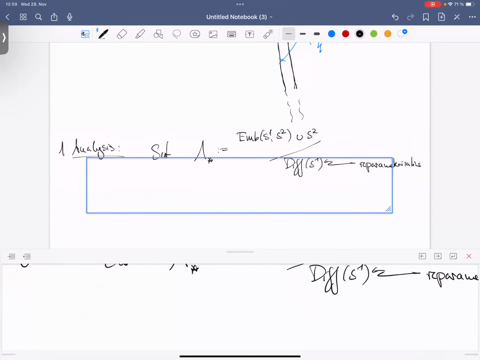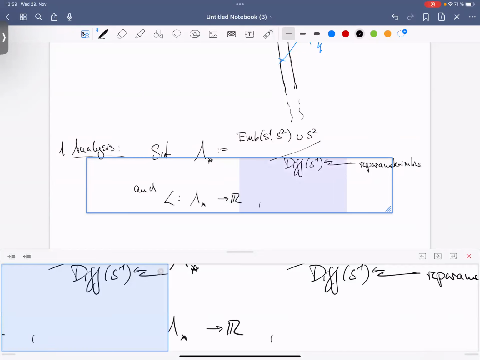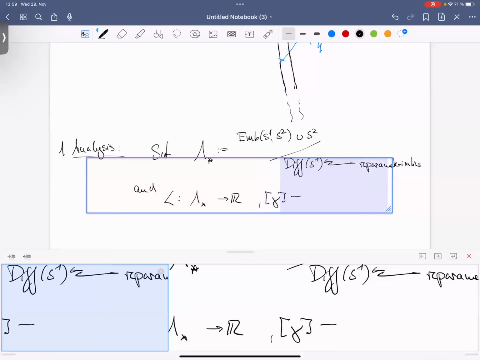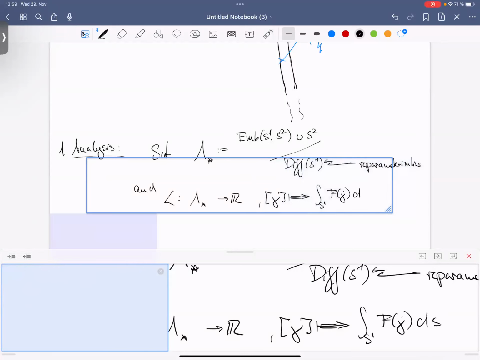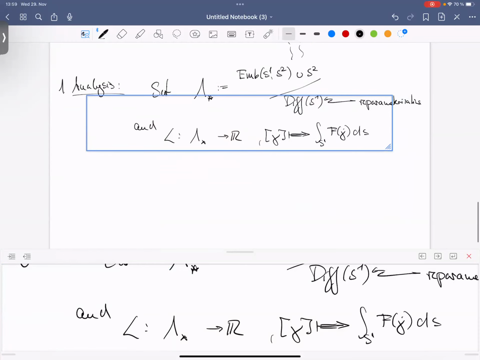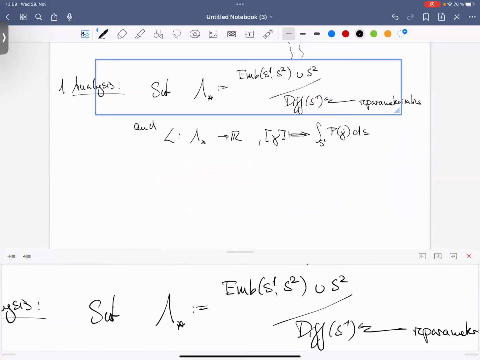Okay, and I have an obvious functional on this space: I take such a class and send it to the length of the curve associated with this class. And of course, it's well defined on this quotient space, because we know that the length is invariant under reparameterizations.